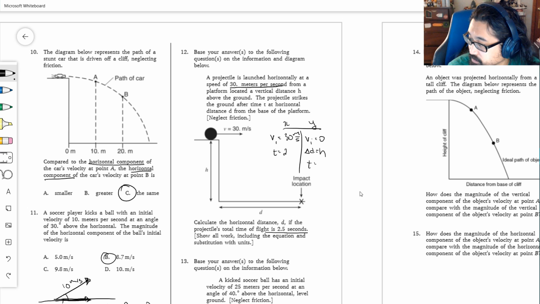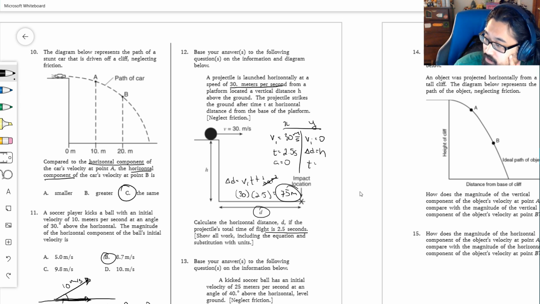Time equals 2.5 seconds. Acceleration equals 0. Find this. Delta d is Vit plus 1/2 at squared. This is 0. 30 times 2.5 is 75 meters. There it is.